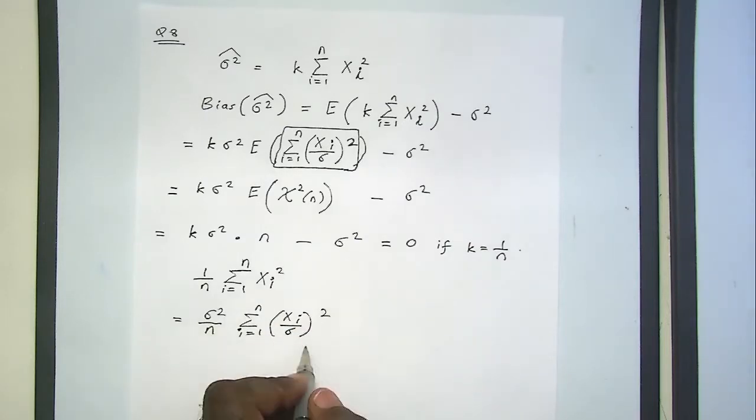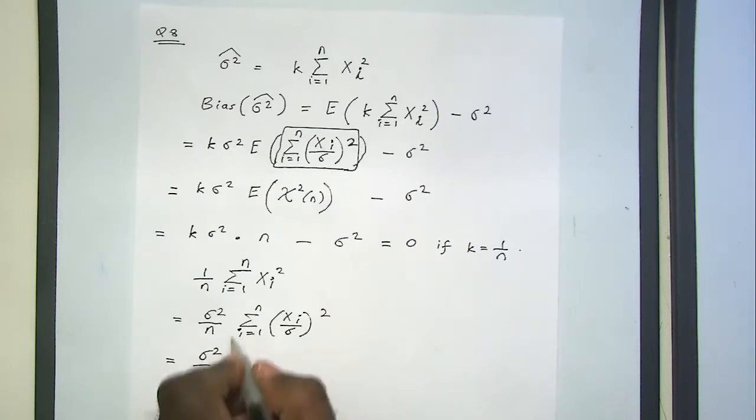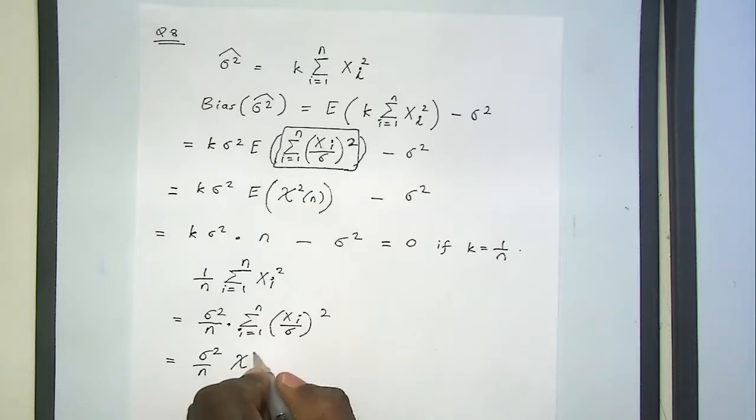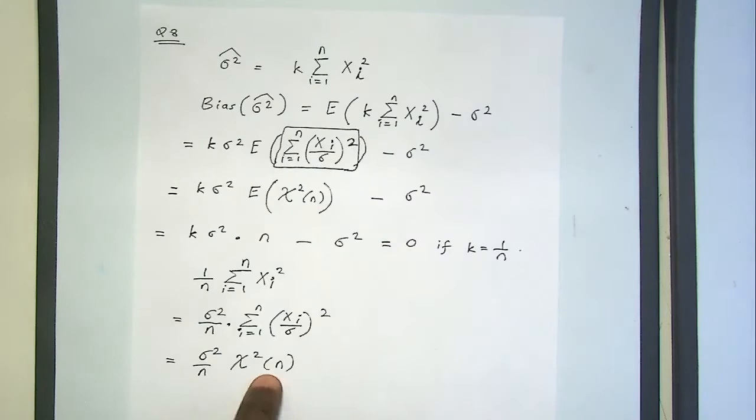Again, multiplying and dividing by the same number. And this is for the same reason I just mentioned, right? This is a chi-squared variable with n degrees of freedom. So this is the sampling distribution of the estimate.